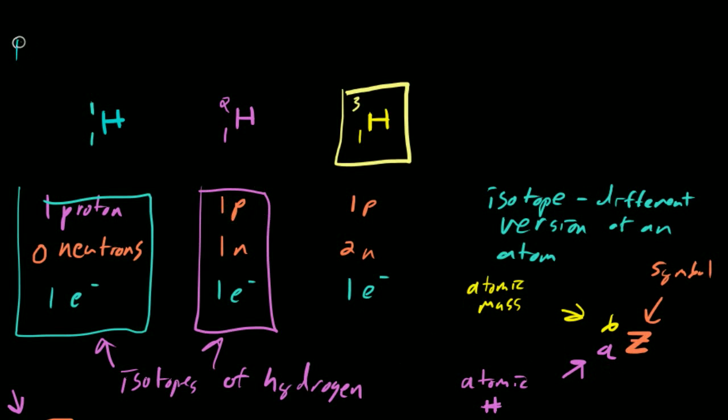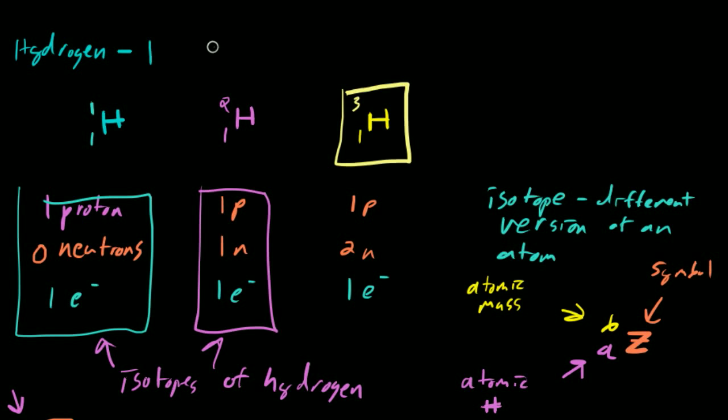So hydrogen, and then a hyphen with the atomic mass. This could be hydrogen-1. You might see that notation somewhere. This 1 right here is our mass number.